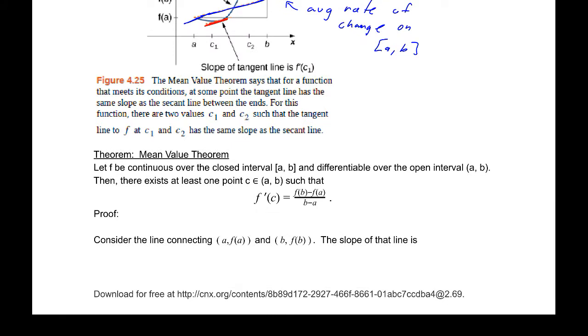Consider the line connecting (a, f of a) and (b, f of b). They have to be points on this continuous function. So the slope of that would be f of b minus f of a over b minus a. That will be the slope of the line connecting those two points.